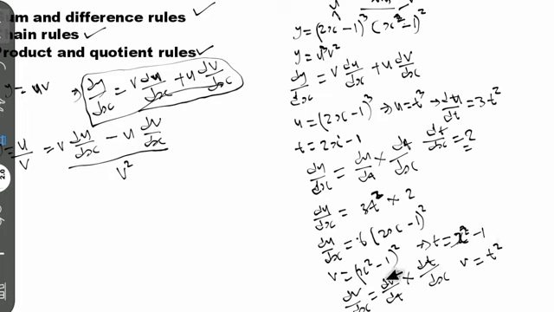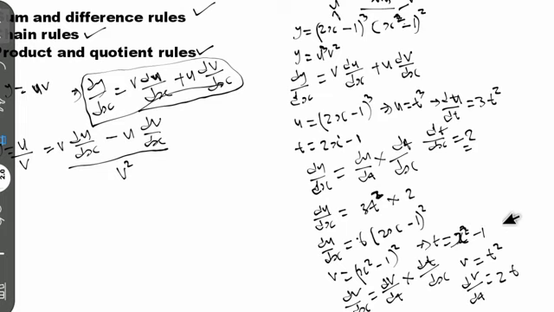Now let's differentiate dv/dt, and then we differentiate dt/ds. First let's differentiate v with respect to t. To get dv/dt, we multiply by the power 2, and subtract 1 from the power, so t raised to the power of 1. That is 2t. So dv/dt is equal to 2t.